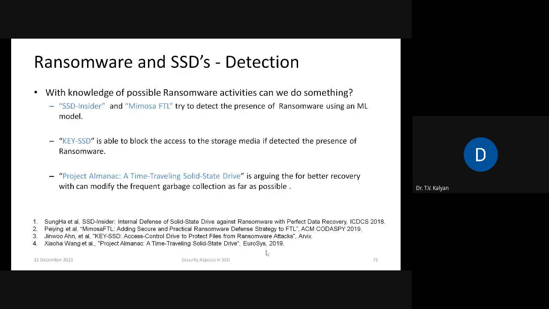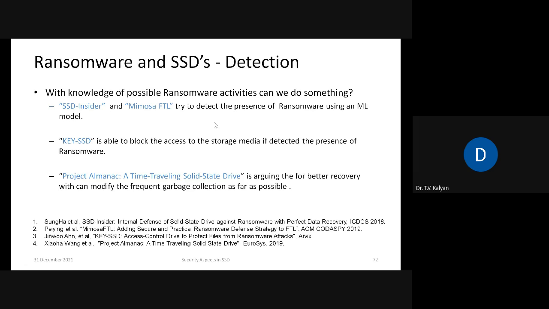And when it comes to detection, like I said, machine learning based detection is catching a lot of traction. SSD Insider is one such approach, and Mimosa FTL is another approach, where both of them used a machine learning model to look at the accesses coming to the SSD and make an informed guess that this can be a potential ransomware, right?